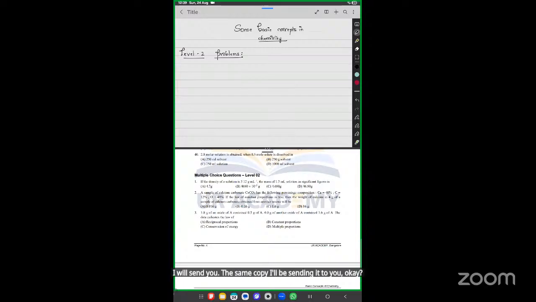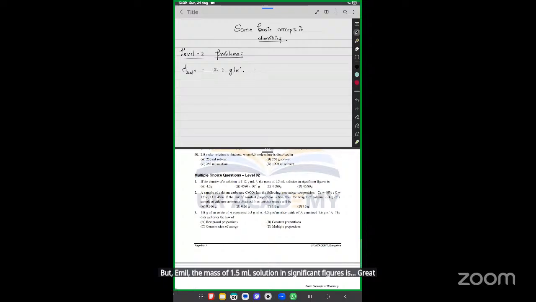So the first question says, if the density of the solution is 3.12 gram per ml, the mass of 1.5 ml of solution in significant figures is, right?